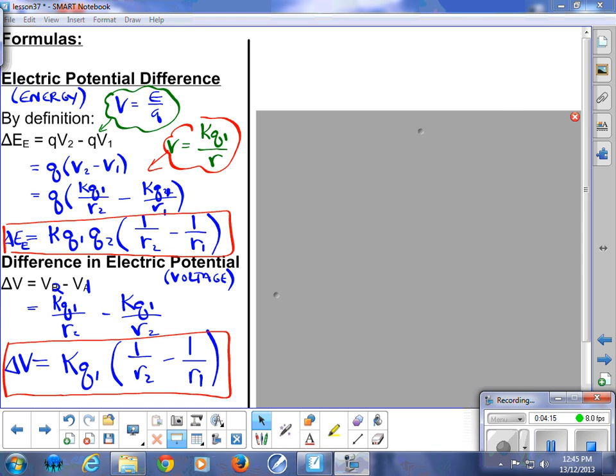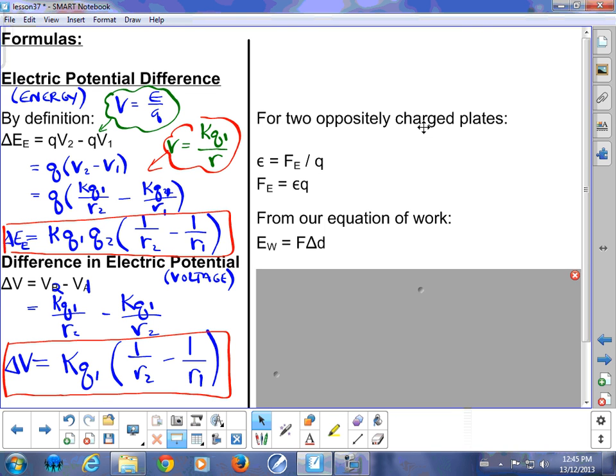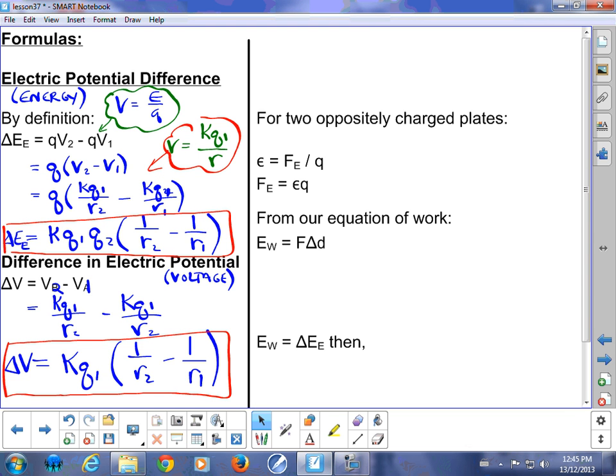All right, so now moving over to the right side here. I'm just going to get rid of that screen shade altogether. Let's look at the terms of plates, and that's what the key is over here. We're talking about parallel charged plates. We know from our electric field formula that electric field strength is equal to electric force divided by charge.